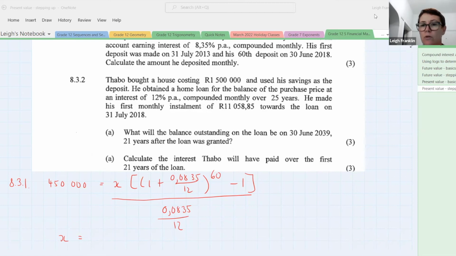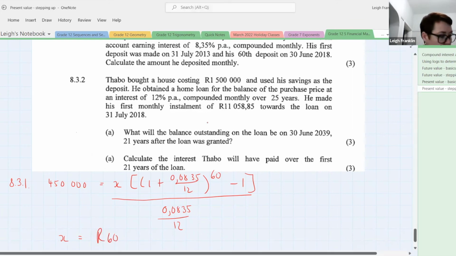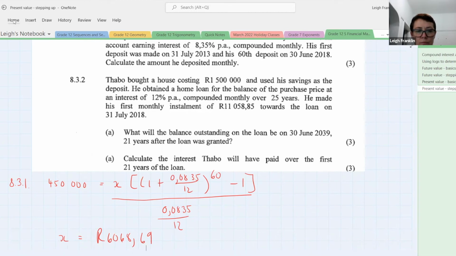Yeah, that's what I got too, Kaiser, when I did this question. I also got 6068,69. Okay, so they would have given us a mark for subbing into the correct formula, a mark on the N, and a mark on the answer.